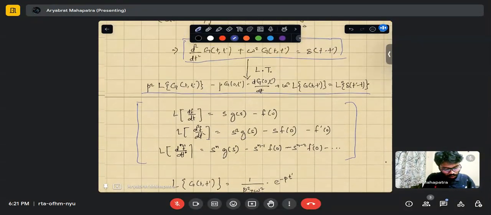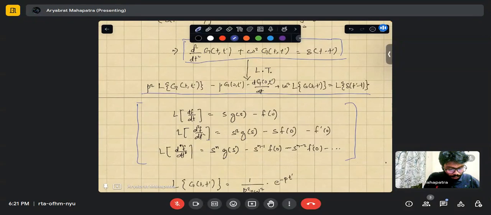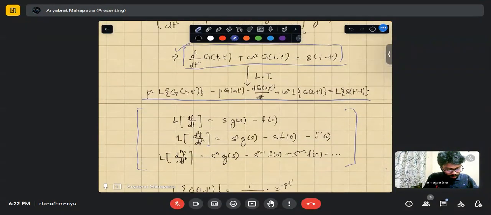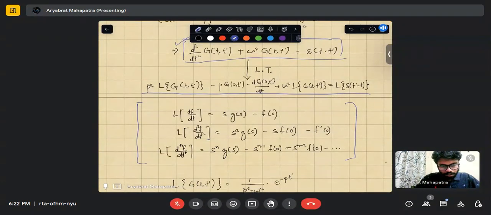Using these properties, you can get the Laplace transform of this differential equation. Like we saw last week, how we can solve ordinary differential equations using Laplace transform, it is the same thing we are doing here. There is no big difference between what we are doing today and last time.